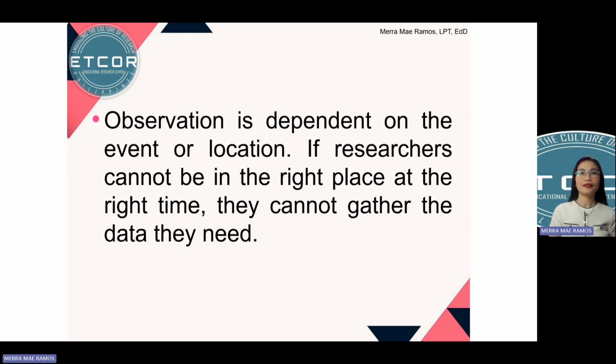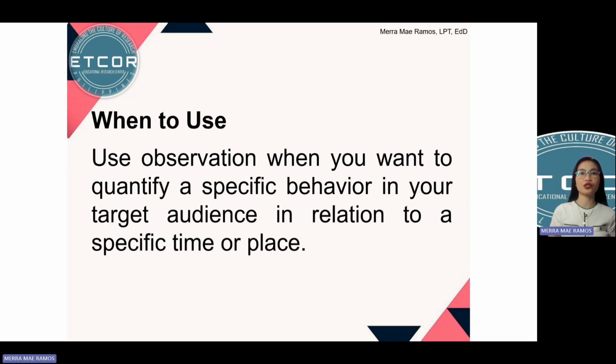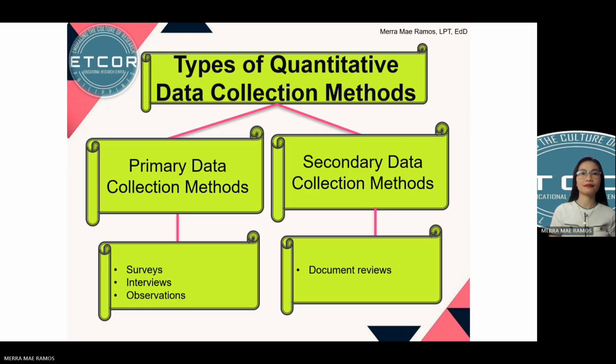Second, the research data cannot be gathered if the researcher is not at the exact time and venue of when and where to conduct the study. Proper timing is a must in conducting observation. When to use: observation is the most appropriate quantitative data collection method if your research purpose is to quantify a specific behavior of your participant in a specified time or place.